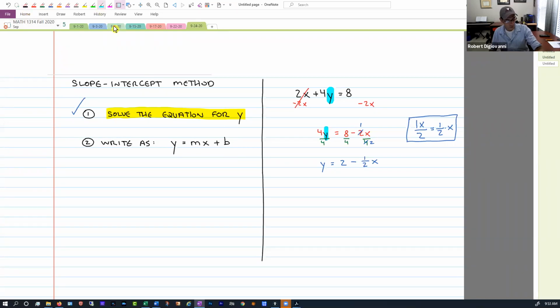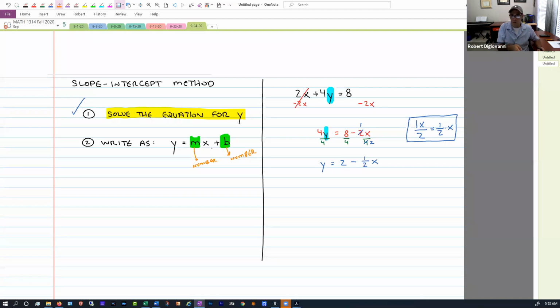So this part in green here, those are just numbers. This is some number. And then this right here is just some number.